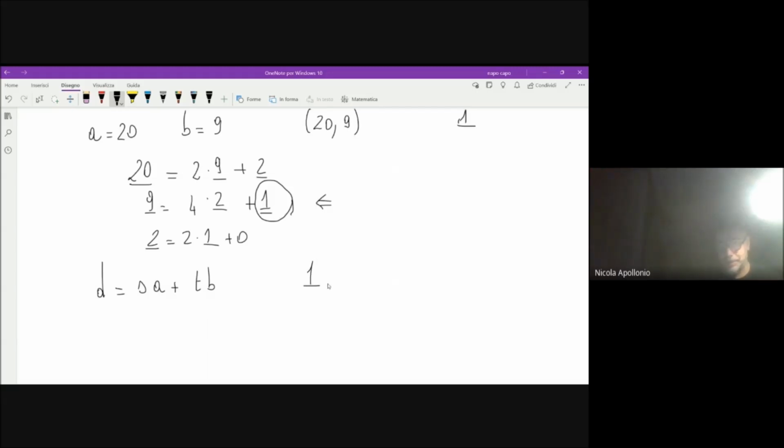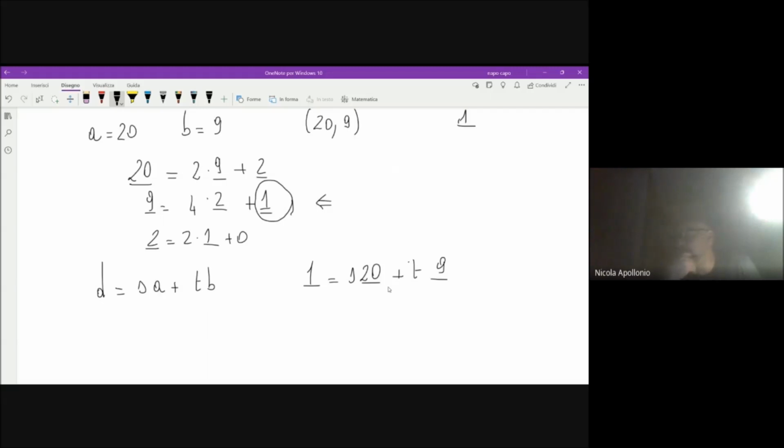So 1 must be a linear combination of 20 and 9, of course. How to find the coefficients S and T of a Bezout identity, and why should we find these coefficients? How? We will see in a moment.